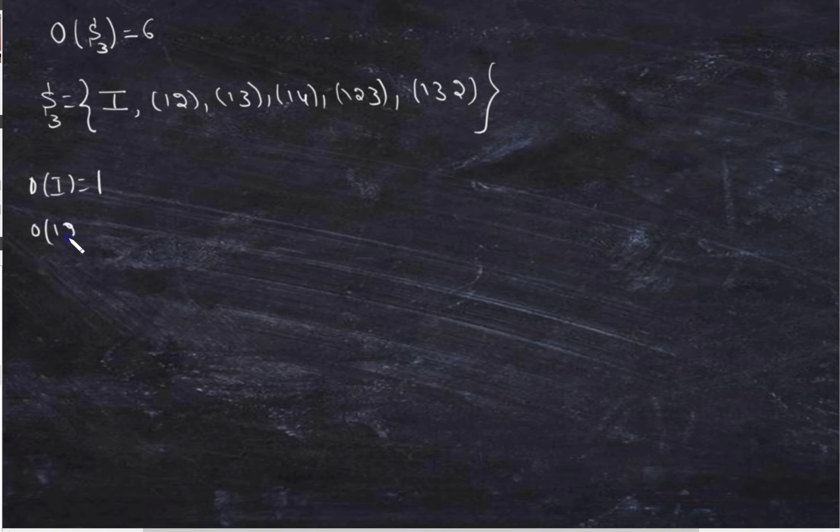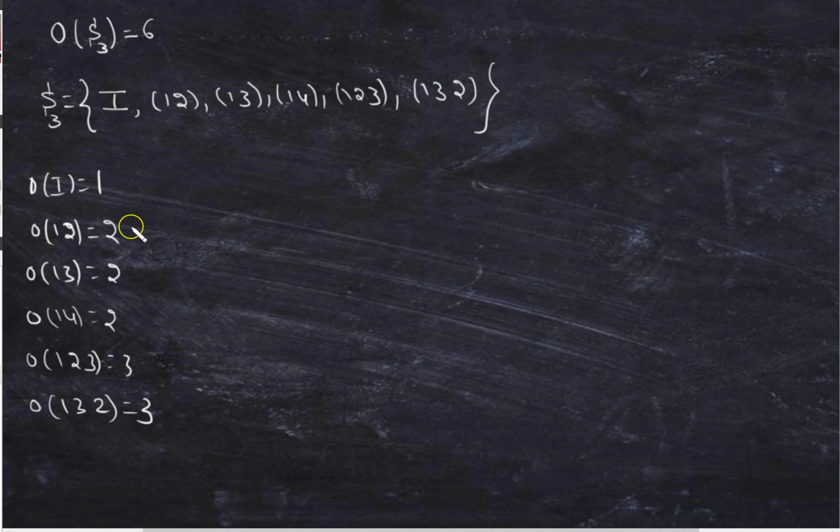The order of (1 2), a function of length 2, is 2. The order of (1 3) is also 2, and the order of (1 4) is also 2. The order of (1 2 3) is 3, and the order of (1 3 2) is also 3. So there are 3 elements of order 2 and 1 element of order 1. These satisfy our condition x square is equal to E, self inverse elements. Therefore option A is the correct answer.